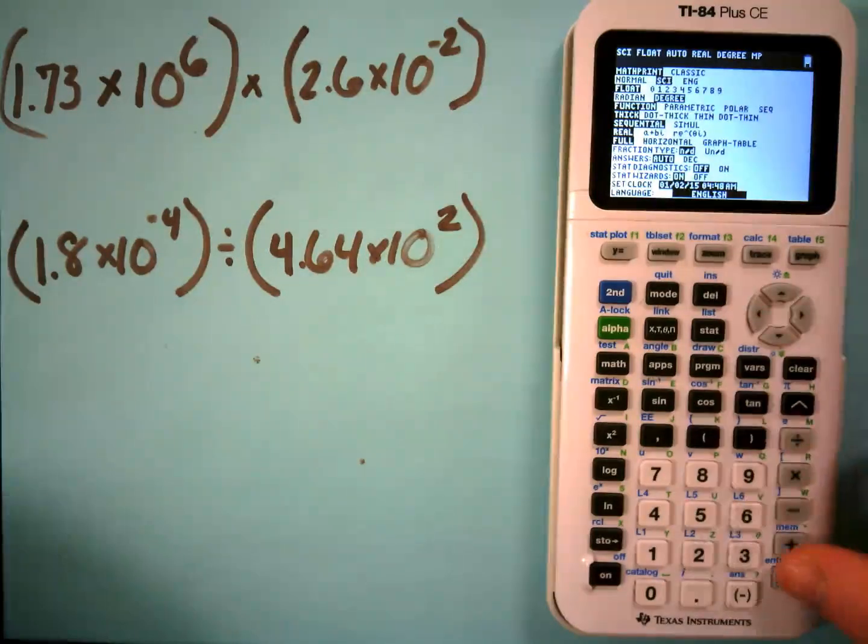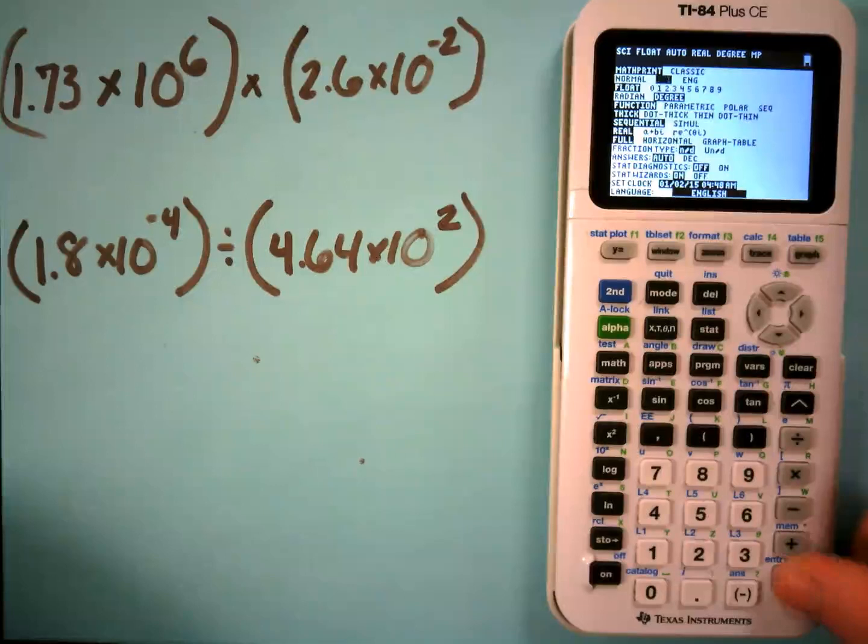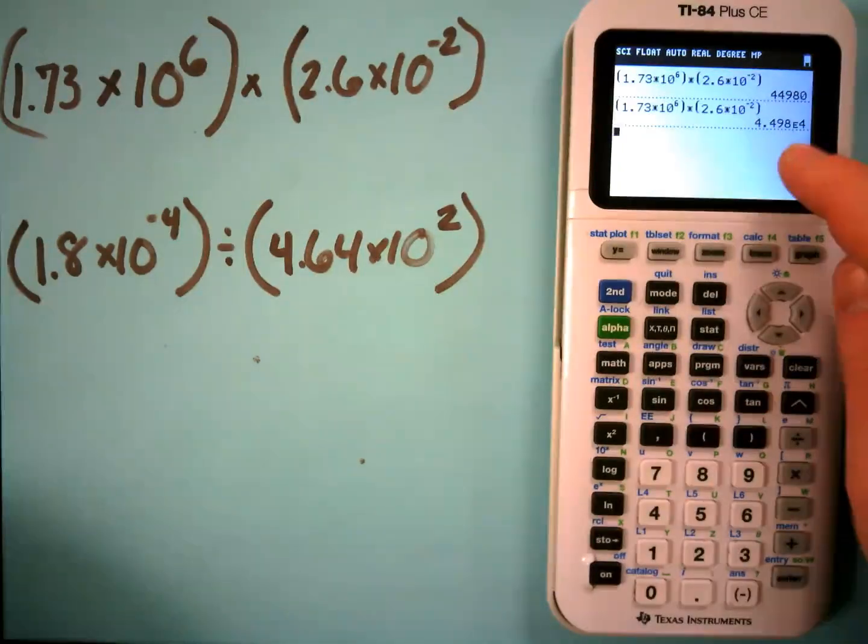I had to hit SCI, which stands for science, and so then everything that I put in, as you can see here, is going to be in scientific notation thereafter.